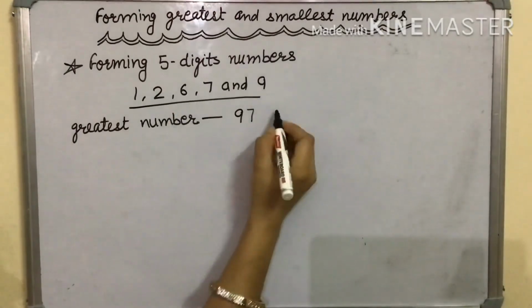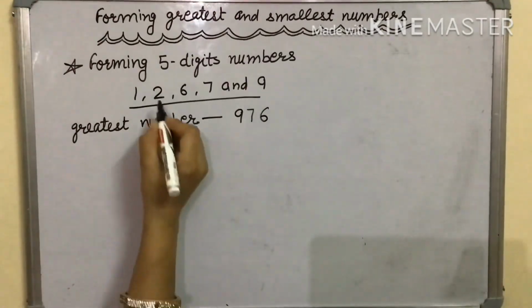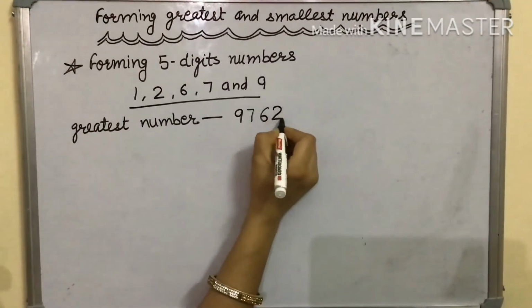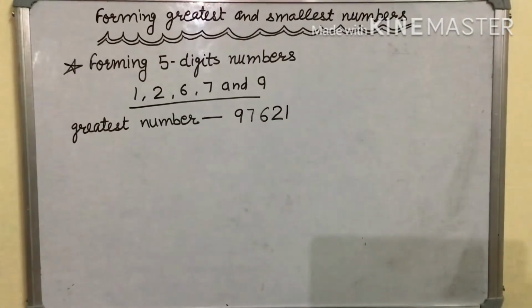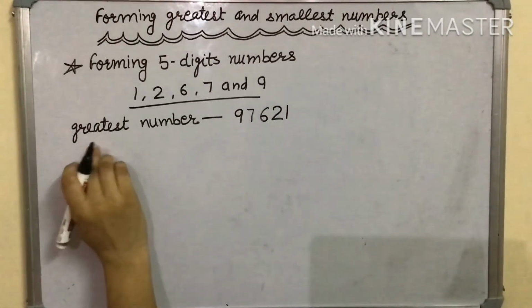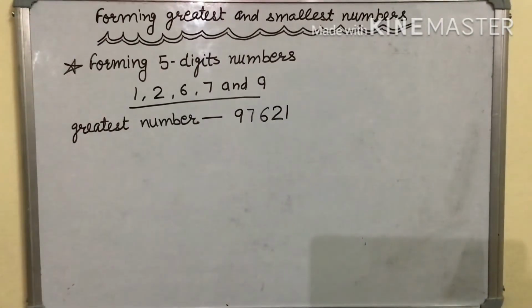Of these, the largest is 6 and after it 2 and in the last 1. So 97,621 is the greatest 5 digit number formed by given digits.